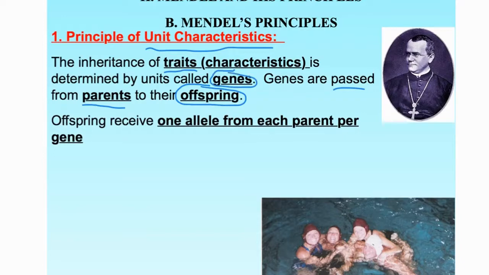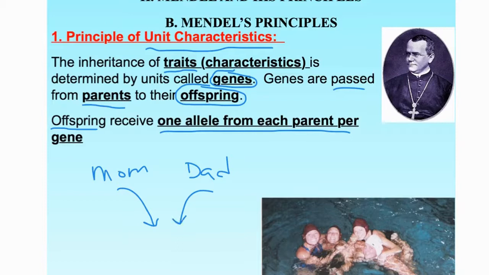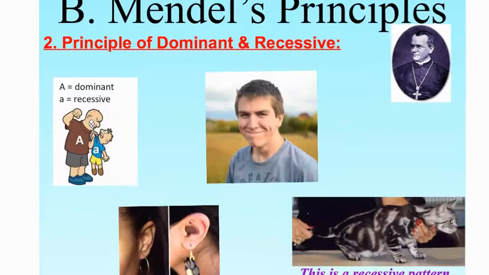And remember, offspring get one allele from each parent. So you get one allele from mom and you get one allele from your dad. So that's the principle of unit characteristics. Genes are passed down from parents to their offspring, and that's what gives you all of your traits.